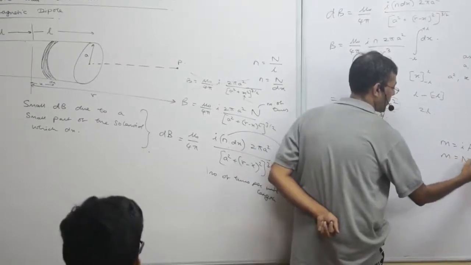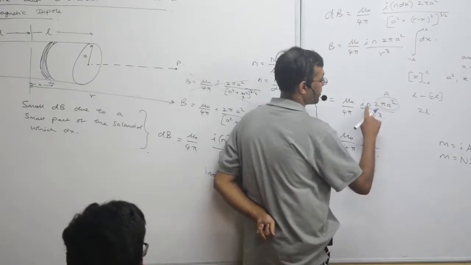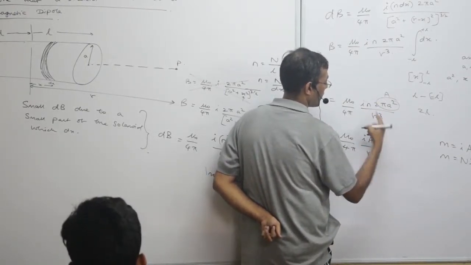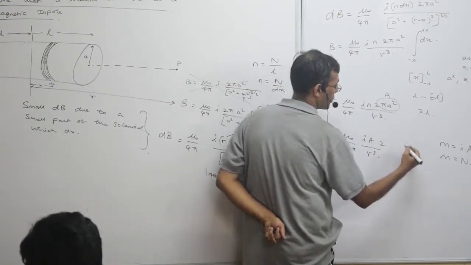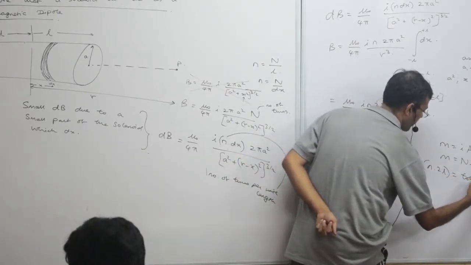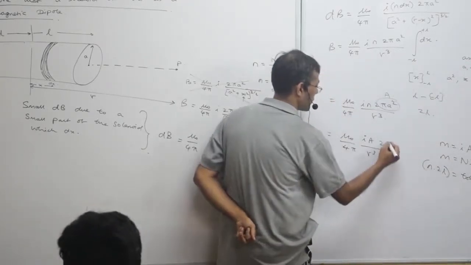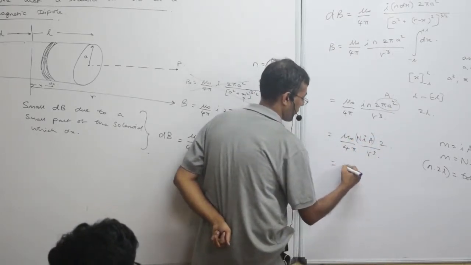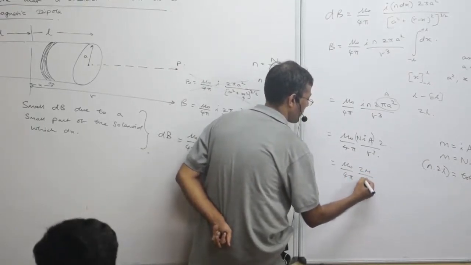If it is number of turns, it is NIa. That means n into 2l will become the total number of turns. So I can say I into a, and the 2 can be written separately, and then n into 2l becomes the total number of turns, which is your N. That means this NIa becomes m. So mu naught by 4 pi 2m divided by r cube.